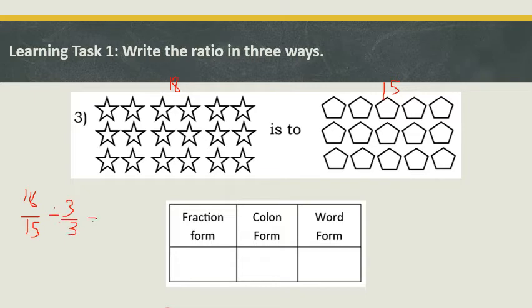So, 18 divided by 3 is 6. 15 divided by 3 is 5. So, ang fraction form natin is 6 is to 5. Ang colon form nito is, lalagyan lang natin ng tutuldok. And ang word form is 6 is to 5.